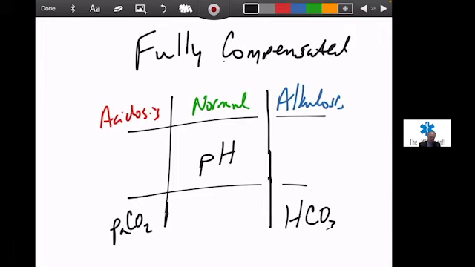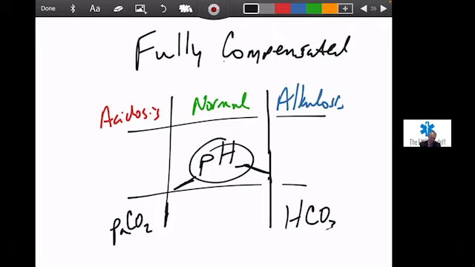We'll talk about how to figure out which one it's closely associated with later, but we'll look at a couple of things so we can see what the actual underlying cause is. So if it's fully compensated, pH is normal. If it's partially compensated, all three values are abnormal. If it's uncompensated, if the PaCO2 or HCO3 is normal and the other is abnormal, then it's acute or uncompensated.